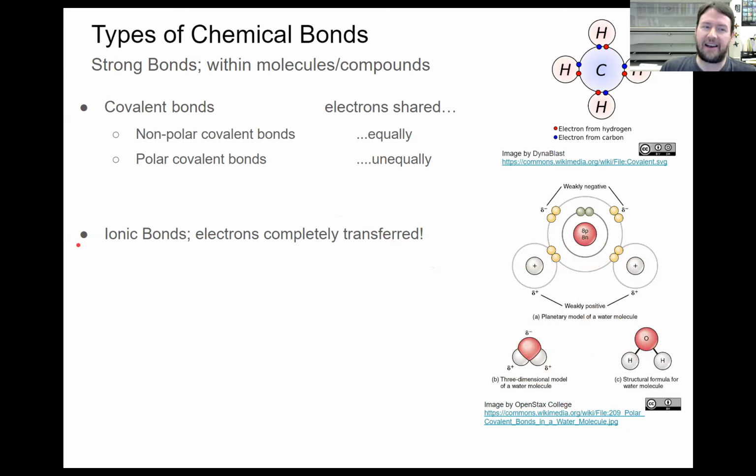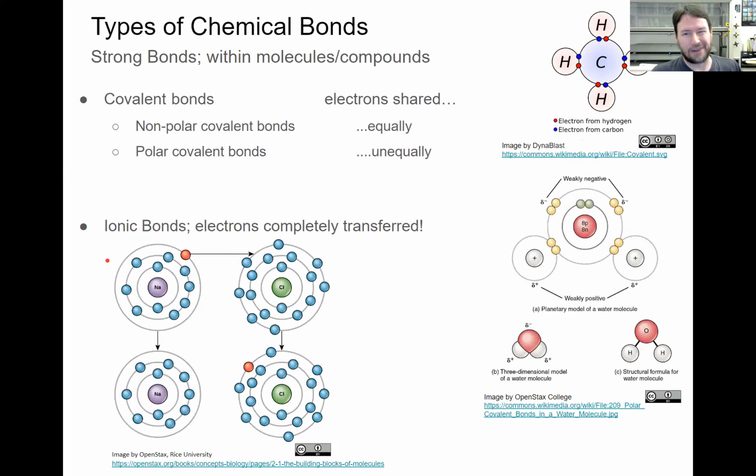All right. What about these ionic bonds? Here, the electrons are completely transferred. One of the atoms is such the electron hog, or the other atom is such the electron donor, or both, that these electrons are completely transferred from one to the other. The example of that, I already mentioned when we were looking at those electron diagrams in the periodic table.